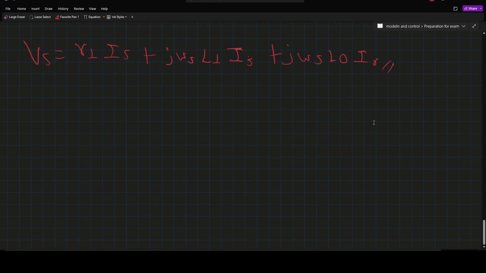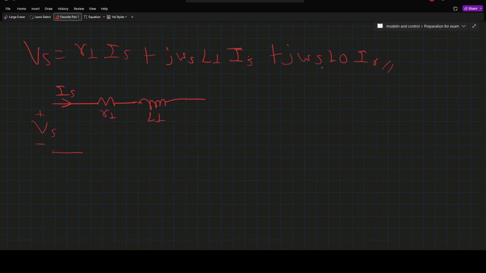So we can start drawing our circuit and what it is going to look like. Here we have our B S, we have an R1, and our current I S is moving through it. Now we have omega s L1, an inductance, and I S is moving through it.